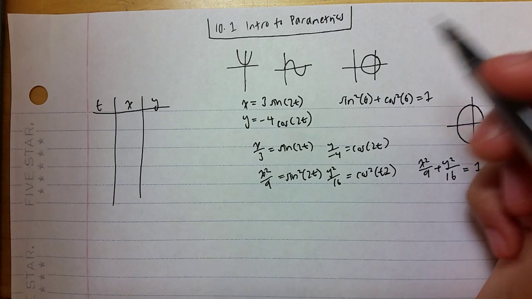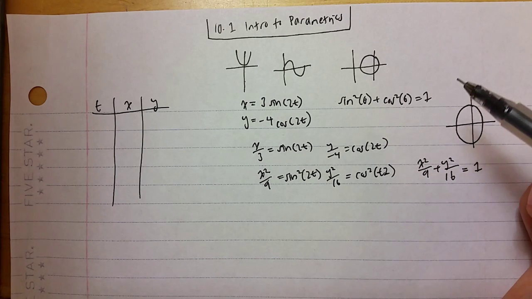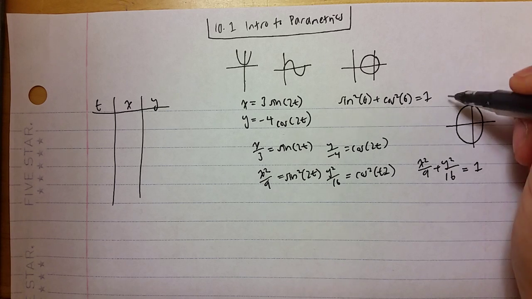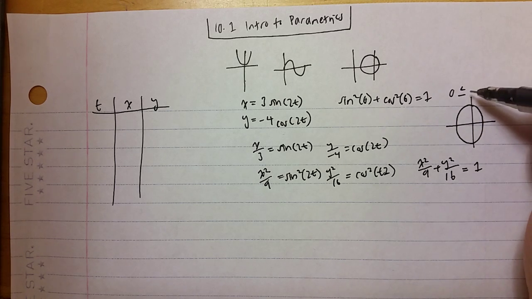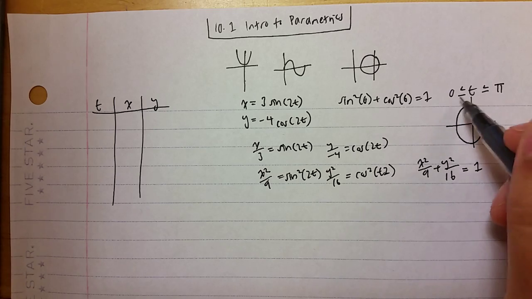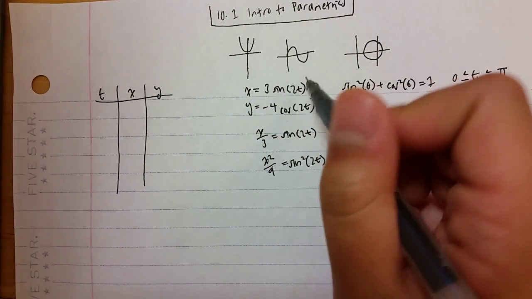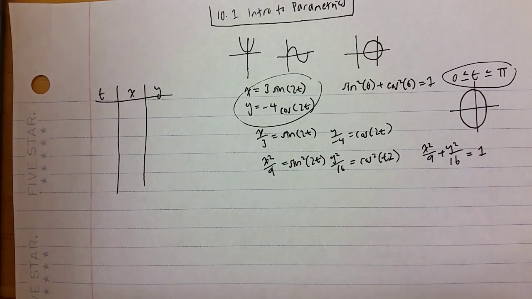Another thing is sometimes when they give you a set of parametric equations, they'll also give you a range of t to look at. For example, they'll say 0 is less than or equal to t is less than or equal to pi. This isn't always the case, but if it is, then you just have to graph the areas where t is in this range. So here, let's try to graph the set of equations with this limit.